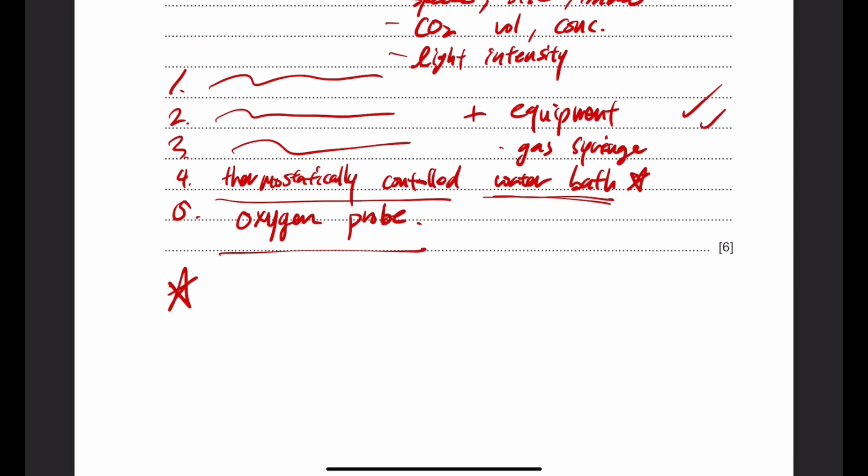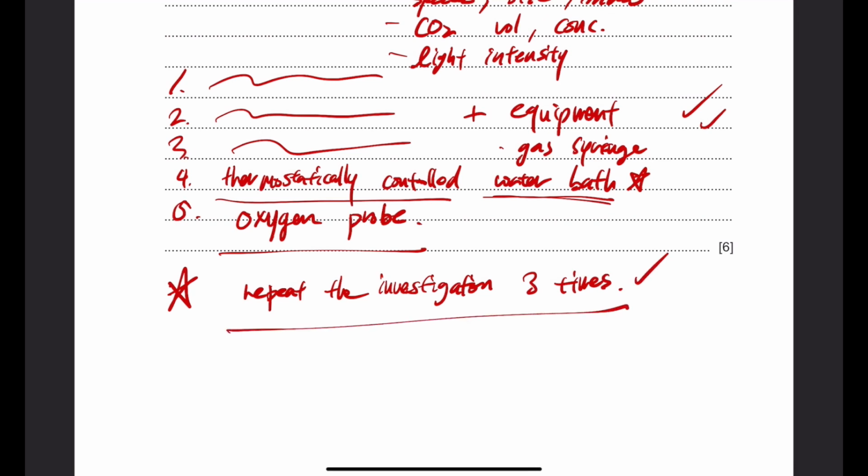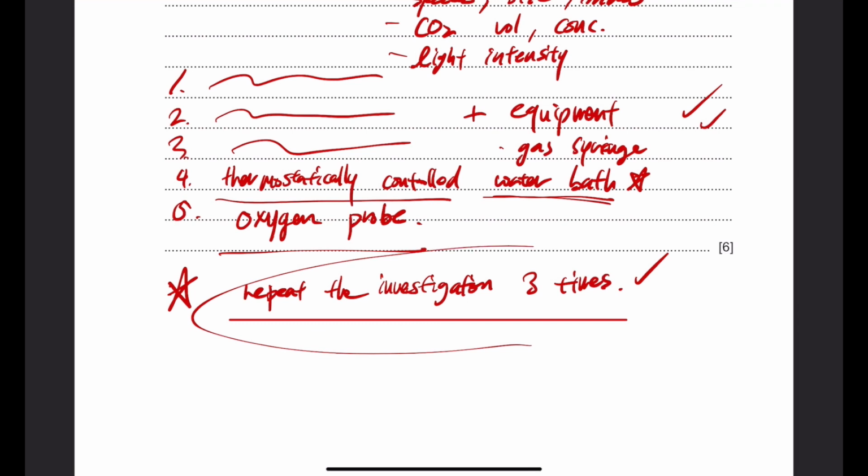It works every time. So I'll just go for repeat the investigation 3 times. This alone will give you 1 mark. So it's like a free mark. Don't ever forget it. Okay?